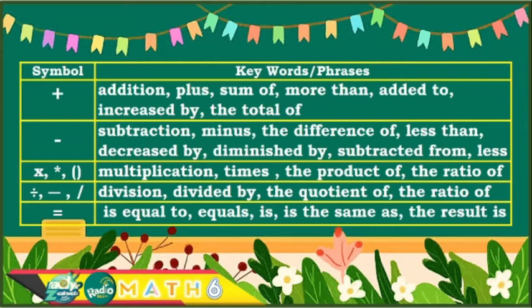For the subtraction symbol, the keywords are subtraction, minus, the difference of, less than, decreased by, diminished by, subtracted from, and less. For the multiplication symbol, the keywords are multiplication, times, the product of, and the ratio of. And for the division symbol, here are the keywords: division, divided by, the quotient of, and the ratio of.